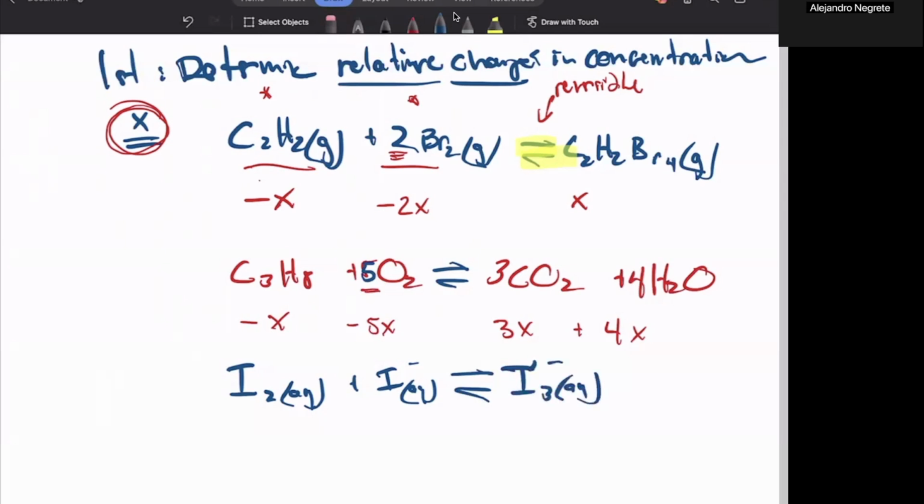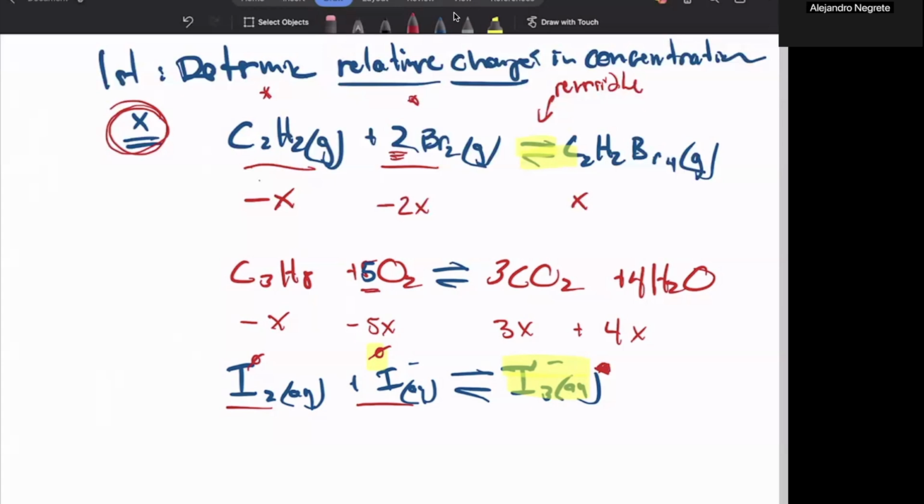If we start with this, and we don't have any of this or this, this is a reversible reaction, which means if we start with the product here, we're going to shift the reaction over to the left, which means it's going to consume this.